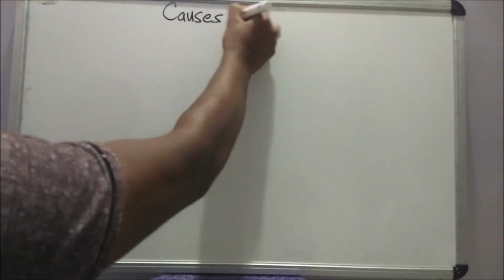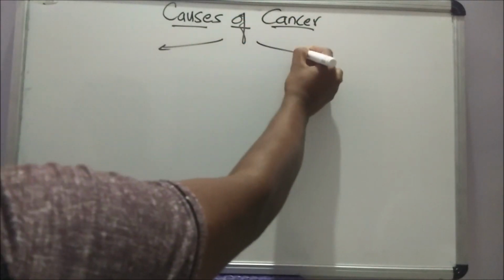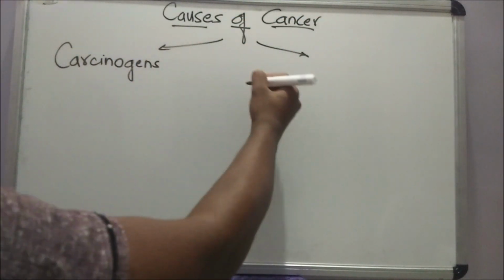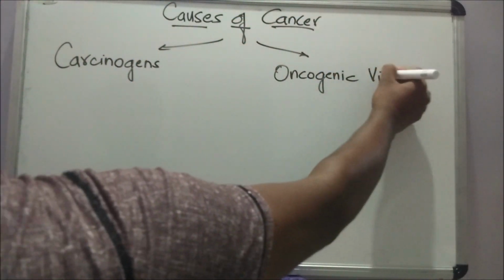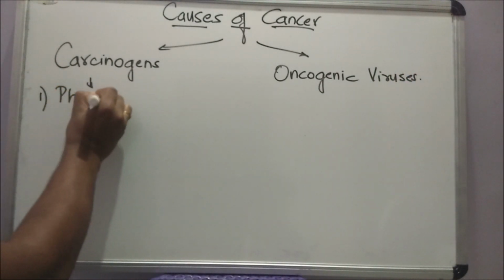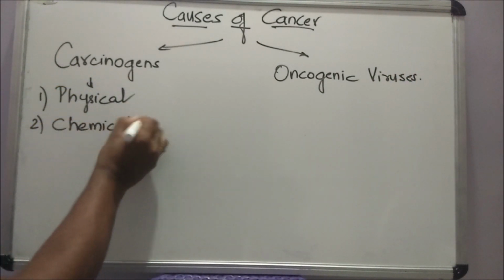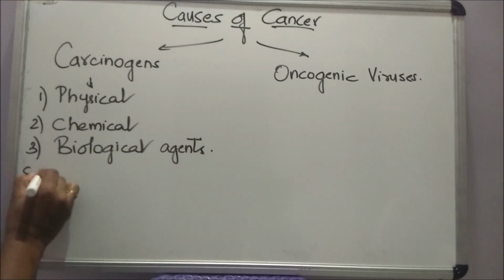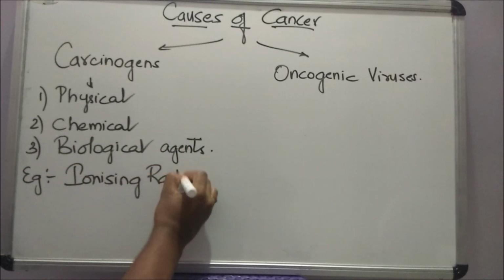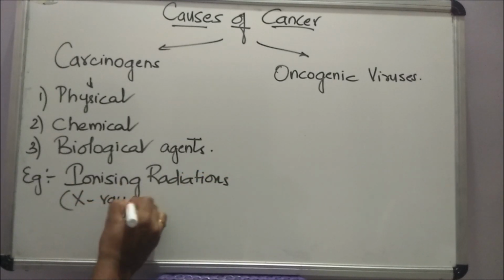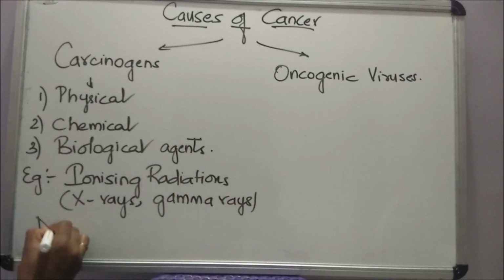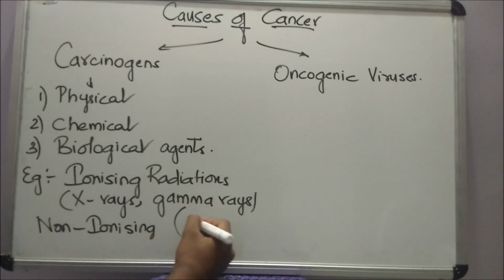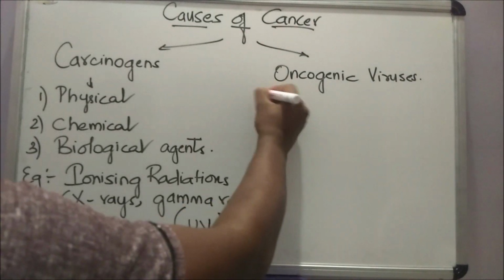Now let's learn about the causes of cancer. There are substances and viruses which cause cancer. The first one is carcinogens. Carcinogens are of three types of agents, that is physical, chemical and biological agents that can cause cancer. For example, ionizing radiations, such as X-rays and gamma rays, are a major cause of cancers, and the non-ionizing radiations could be ultraviolet rays.